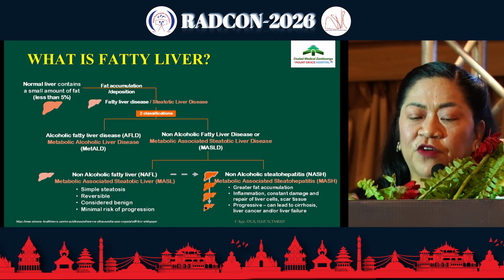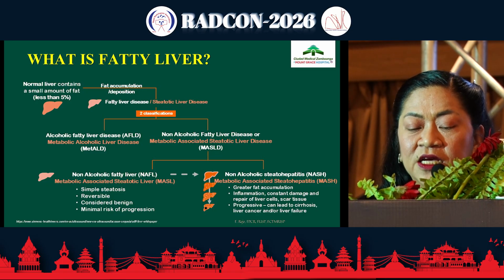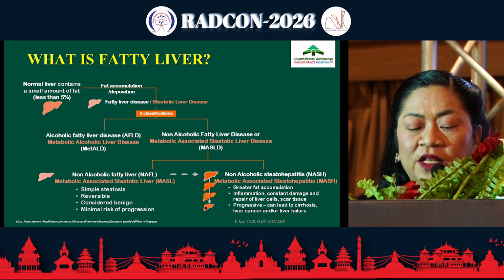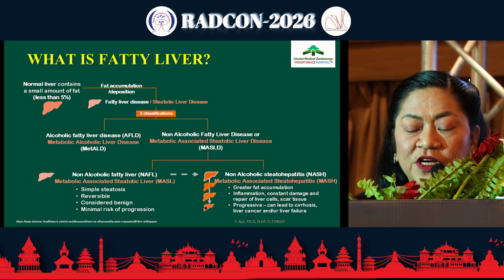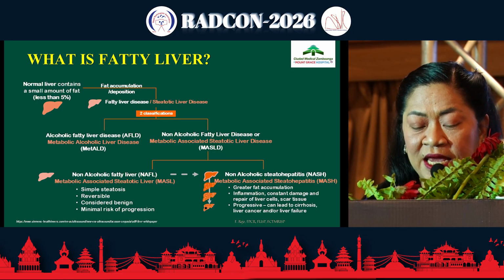So fatty liver, you have a normal liver, then there will be accumulation of fat. There are two classifications. One can be alcoholic, so we call that metabolic alcoholic liver disease, or MetALD, or a non-alcoholic liver disease, or MASLD.